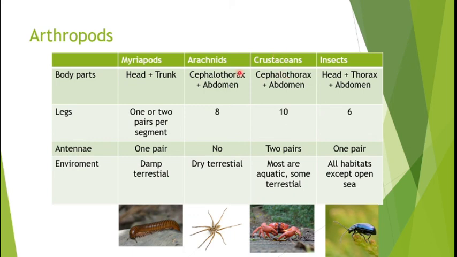The crustaceans, as well as the arachnids, have cephalothorax and abdomen, 10 legs, 2 pairs of antennas, and most of them are aquatic, although some are terrestrial. And insects have 3 body parts, head, thorax and abdomen, 6 legs, 1 pair of antennas, and we find them in all the habitats except open sea.